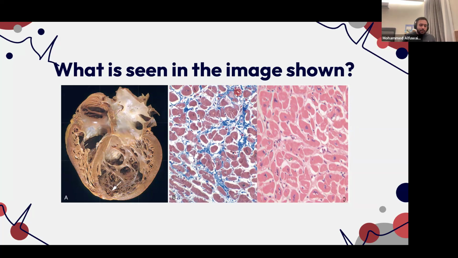Now, for genetic, I want you guys to remember what the genes involved are. What is the main muscle component genetically that is involved in dilated cardiomyopathy? This is extremely high yield. As I mentioned, any form of genetics or marker for Dr. Abrar, you have to memorize.